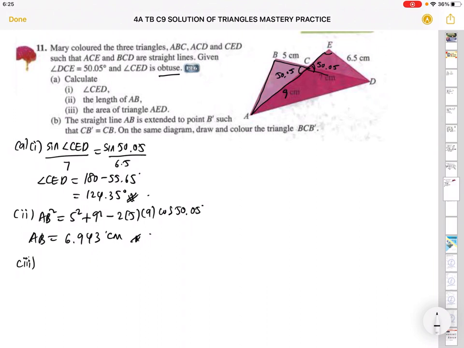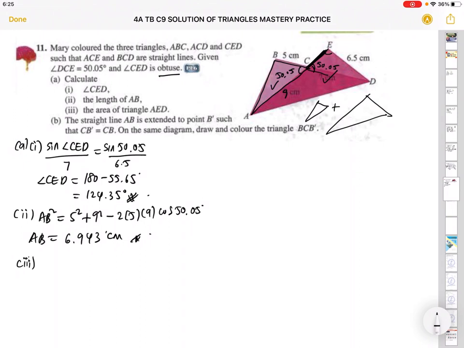So maybe I calculate the length of CE first, so that I can just add this up. So I can take this triangle here and plus this triangle here, triangle ABC. I'm adding ABC and this whole thing together. The problem is I do not know the length of CE, right? To find CE, I need one angle.